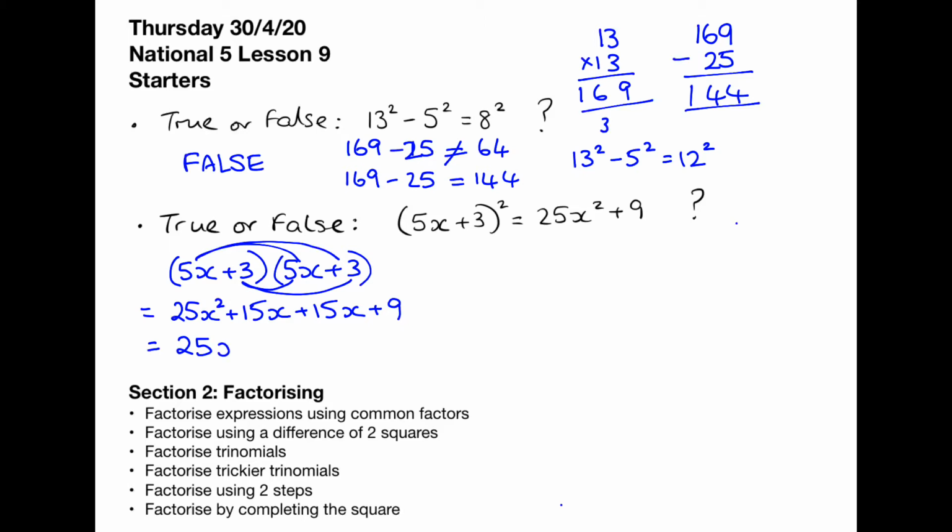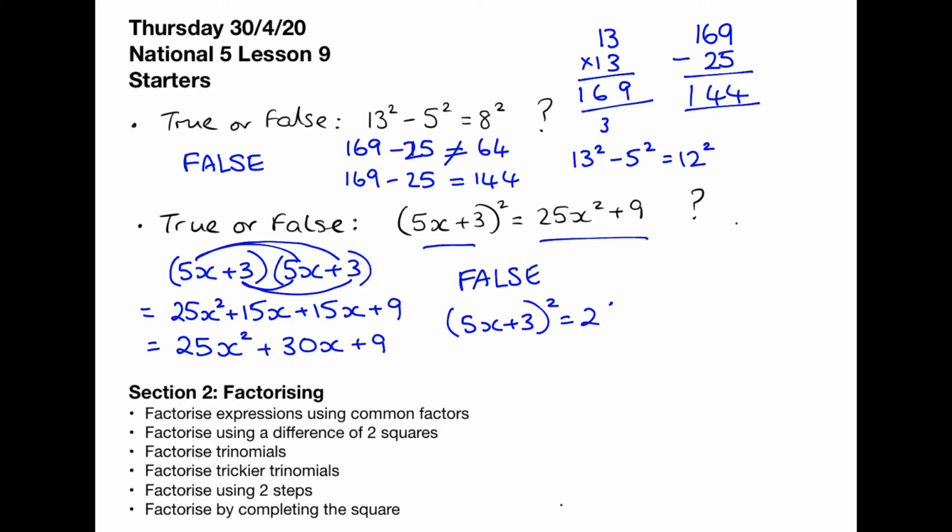Okay, so we've got 25x squared plus 30x plus 9. So true or false that (5x + 3) squared is 25x squared plus 9? Well, that's another big fat fib, because (5x + 3) squared is 25x squared plus 30x plus 9. So that bit there was missing from the original.